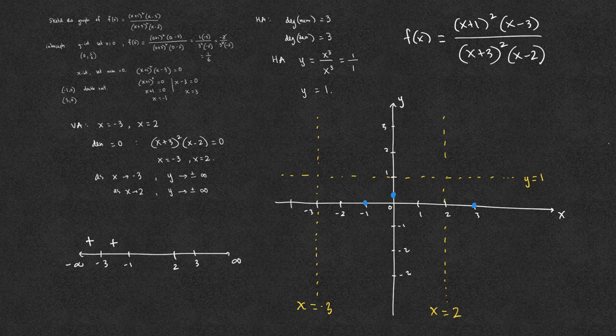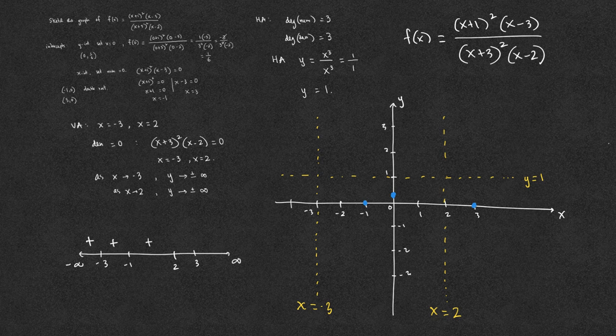From negative 1 to 2, we pick any number, and we see that we can plug in 0. And so the graph, when we plug in 0, is positive because we did it earlier. When we found the y-intercept, we plugged in x equals 0, and we saw that it was 1/6, which is positive.